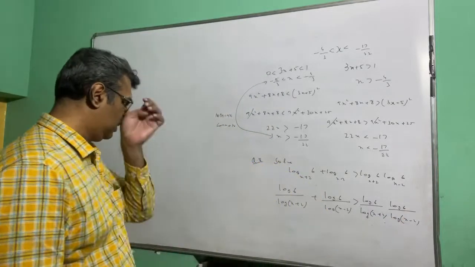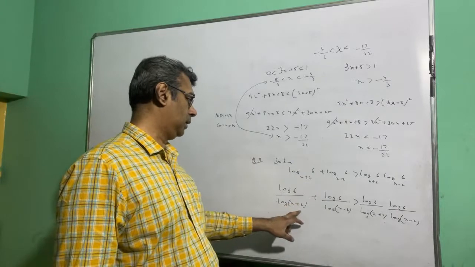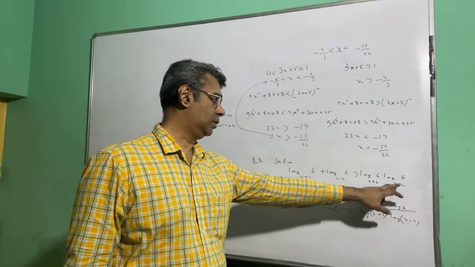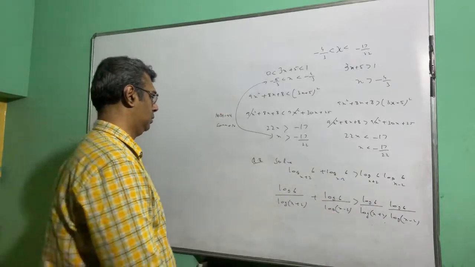So log 6 by log x plus 2 plus log 6 by log x minus 2 is greater than log 6 by log x plus 2 into log 6 by log x minus 2.